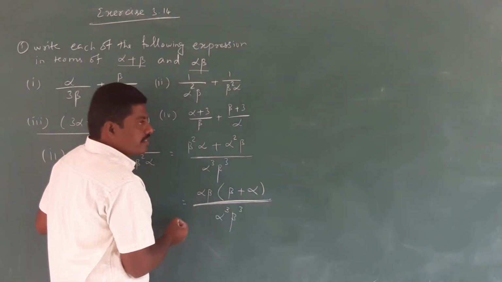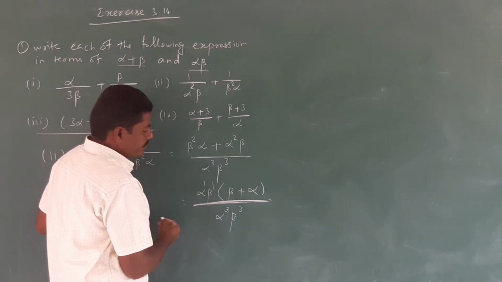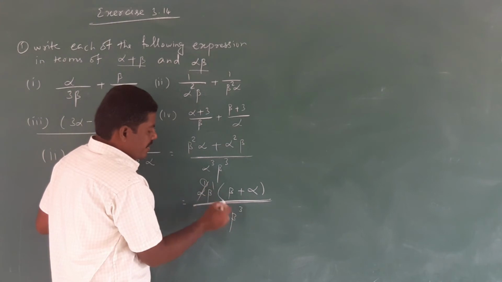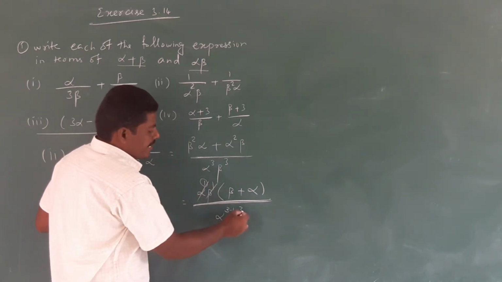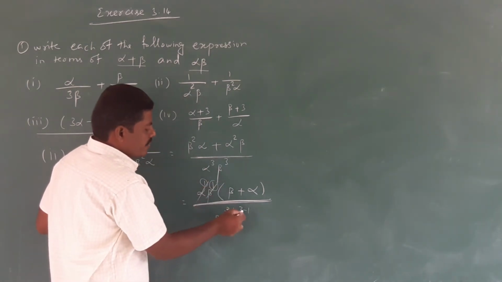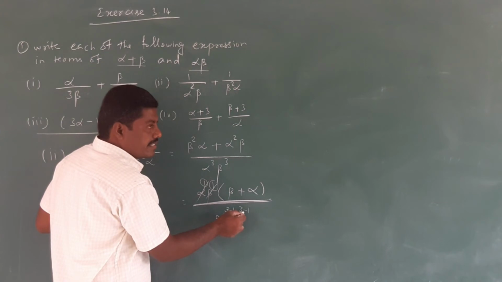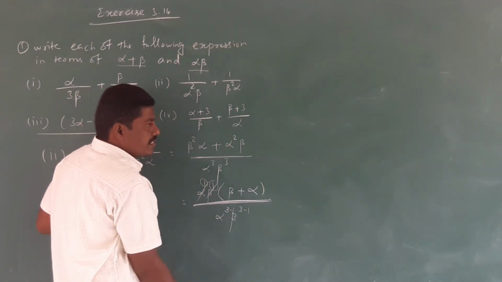So divide, and you can simplify this. There is no power means you can take 1. This alpha over alpha cube cancels: power 1, we subtract from the greater power. Here beta and beta cube, power minus 1. This power is 1, so we subtract it from the greater power: 3 minus 1.